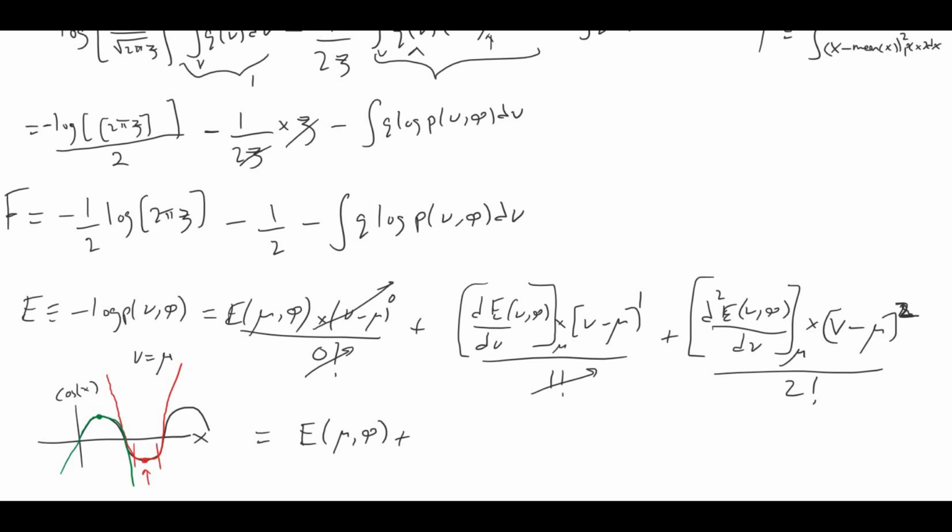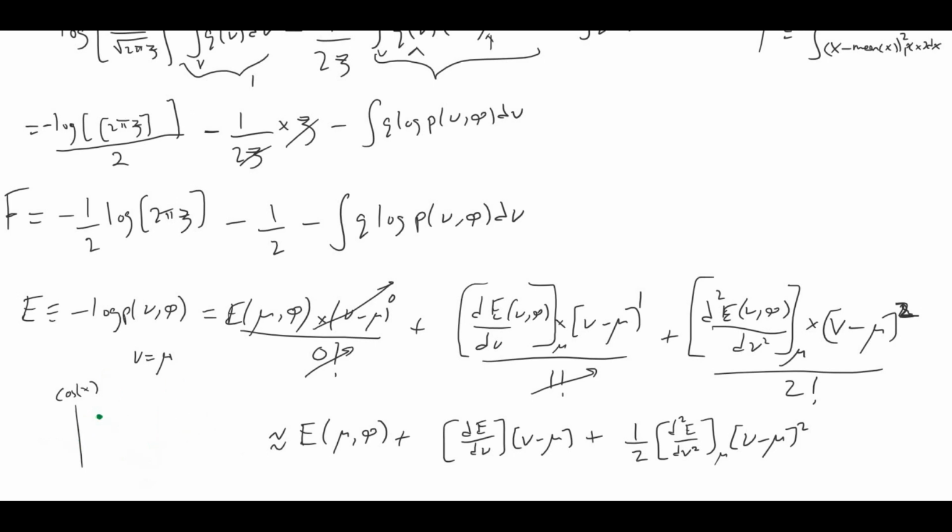Plus the first derivative of E, we're just going to write it this way, times nu minus mu, plus half of this second derivative of E with respect to nu, evaluated at mu, times nu minus mu squared. So this is what we're going to approximate. We're going to approximate E.